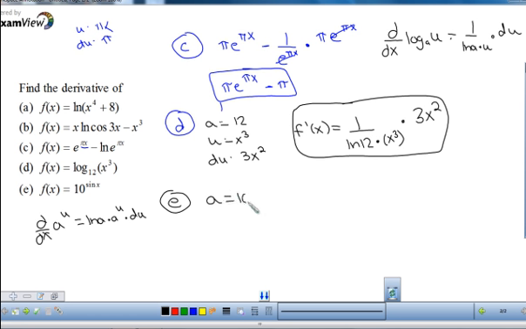So a is 10, u is sine of x, du is cosine of x. So my derivative would be ln of 10 times 10 to the sine of x times the derivative of sine of x, which is cosine of x.